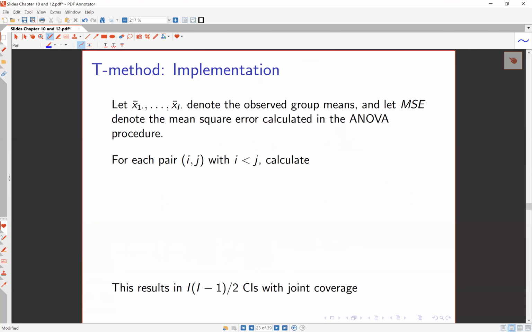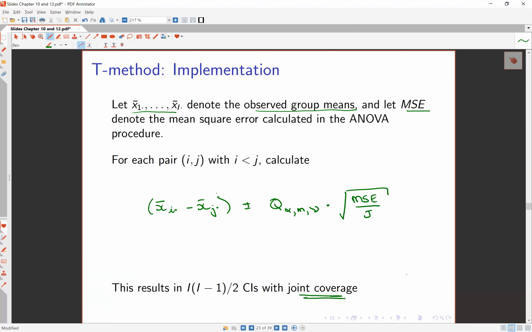So practically, the way you would implement this is if you have your observed group means, x1 dot bar through xI dot bar, and you have your mean square error calculated, then you're going to construct confidence intervals: x bar i dot minus x bar j dot plus or minus a Q value taken from that studentized range distribution multiplied by the square root of MSE over J. And you will do this for all pairs i and j such that you construct all possible confidence intervals.